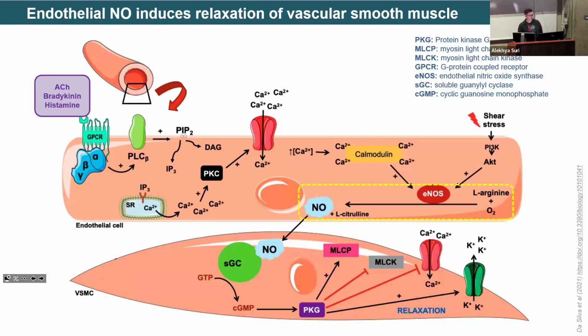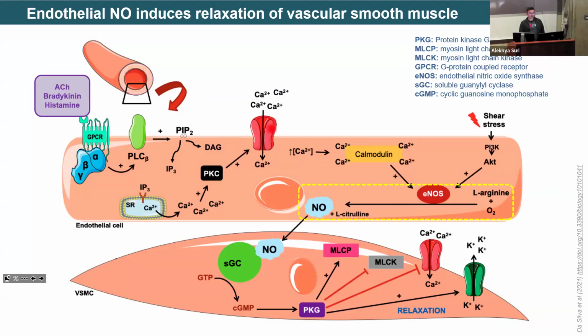So activation of most of these receptors leads to the activation of phospholipase C and the release of IP3, right? Because these receptors are Gq coupled. Release of IP3 causes release of calcium from the intracellular stores, activation of PKC, and PKC causes further calcium increase by opening calcium channels.